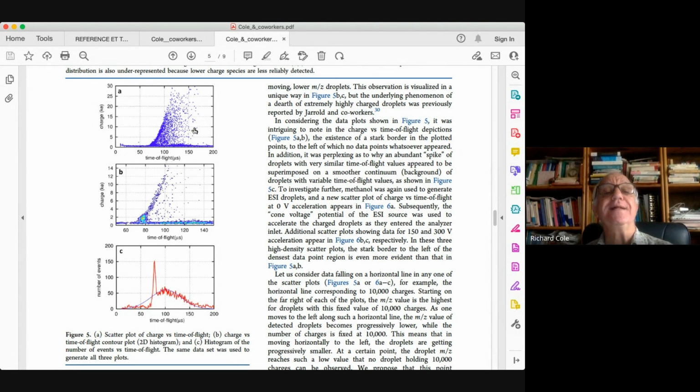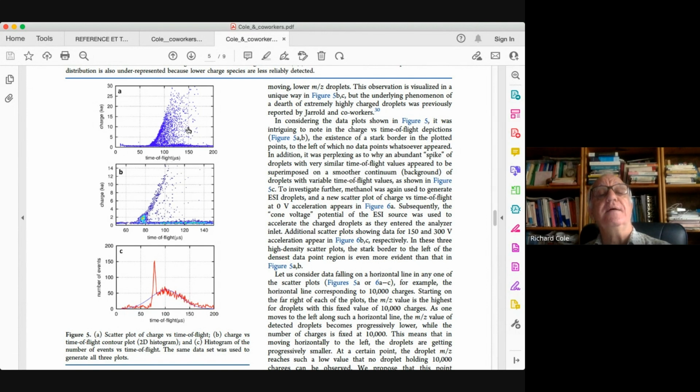As we move to the left, the droplet's mass to charge value is decreasing, but its charge value is holding constant. So that means we're looking at smaller and smaller droplets.